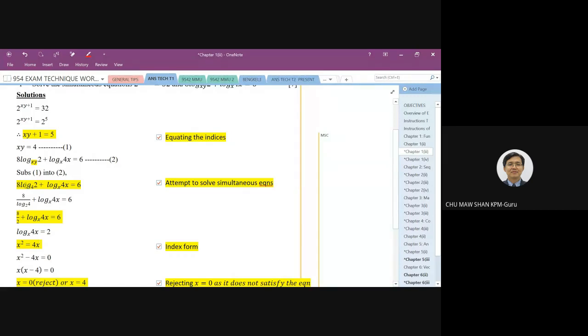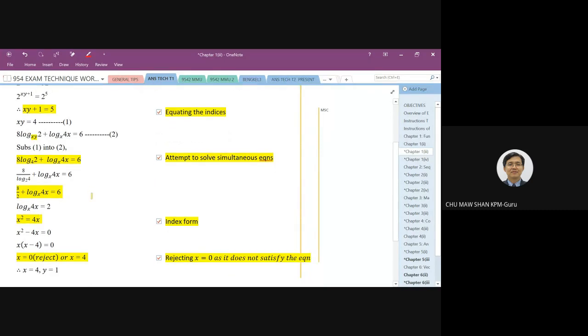It's a method. Actually here also is a method: you're changing the base. Log 2 base 4, you change to 1 over log 4 base 2. And then log 4 base 2, you get 2.